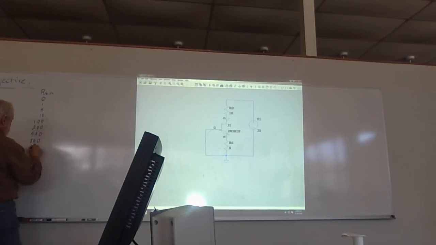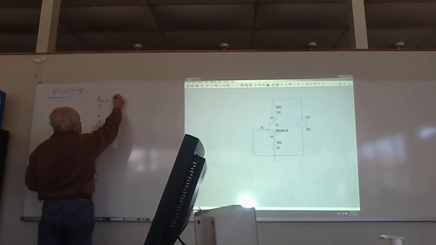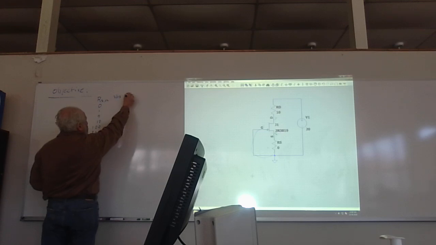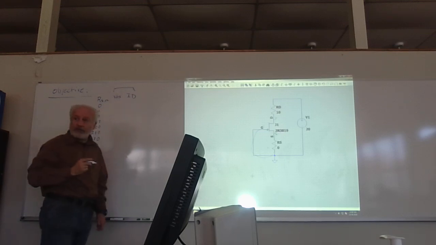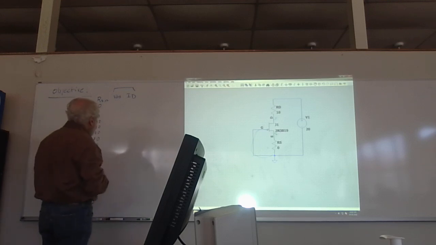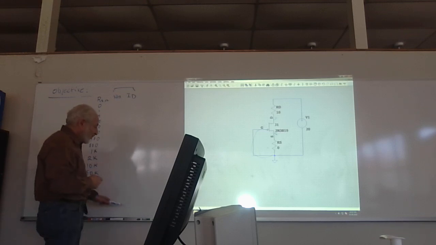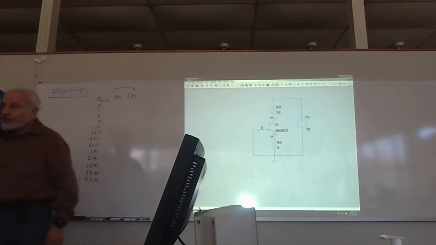And let's say 1K, 2K, 10K, 50K, 100K. And I'm interested in what is VGS, what is ID. These two are going to be my transconductors. Do you agree? And we get to see what they do. I can measure everything else if I want to, but these are the two I'm interested in. With me so far?